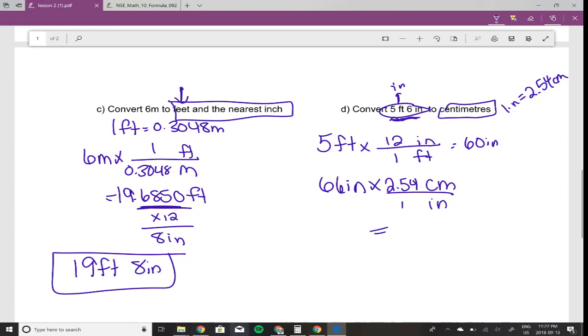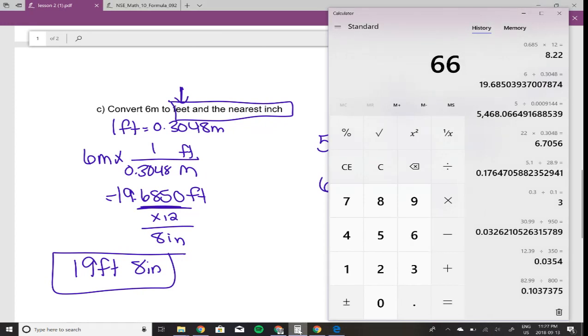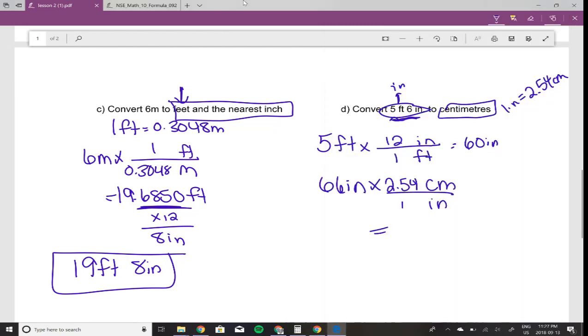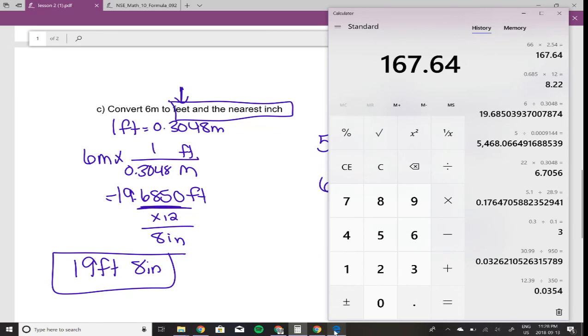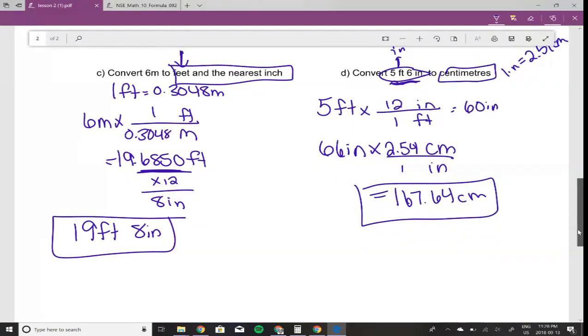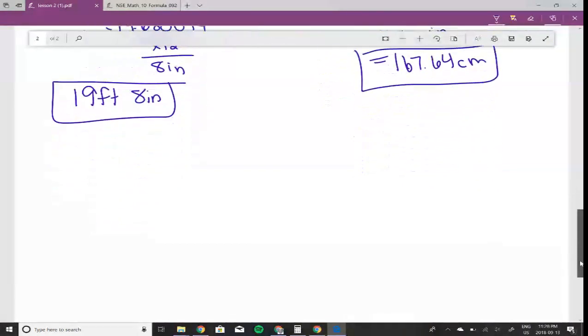So let's go back to our calculator. 66 times 2.54, and we get 167.64 centimeters. Okay, and so 5 foot 6 is 167.64 centimeters. So you can see the process is the same as when we were just dealing with imperial. We've just added a few more conversion rates.